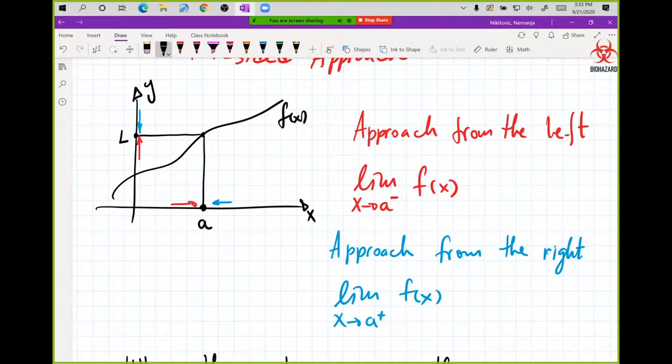So now we get to our first and one of the most important theorems of Calc 1, because this is used to define your derivatives and integrals later on, so technically the whole course.